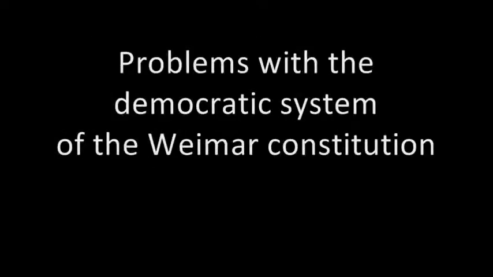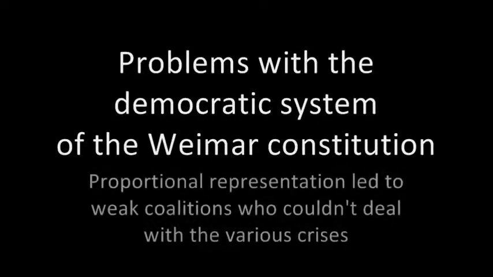Secondly, people were tired of the democratic system created by the Weimar Constitution. Proportional representation in elections led to weak coalition governments that were forced to compromise rather than act with bold policies. This is shown through the failures of the government to deal successfully with the problems that came about during the Great Depression.